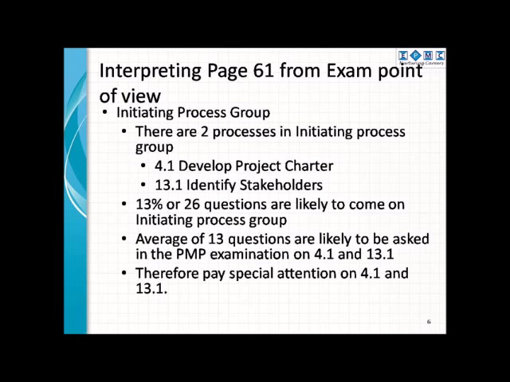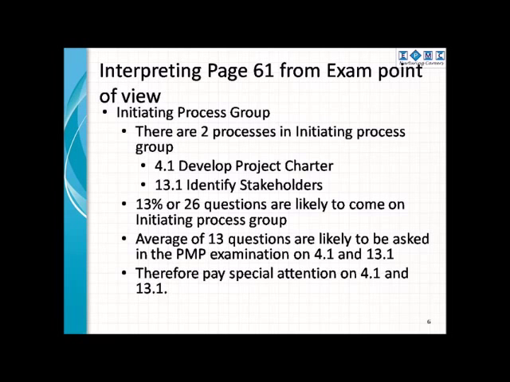Let us focus our attention on the first process group, which is initiating process group. There are totally 2 processes in this initiating process group: 4.1 develop project charter and 13.1 identify stakeholders. We have seen that 13% of the questions, that is totally 26 questions, are likely to come on initiating process group.